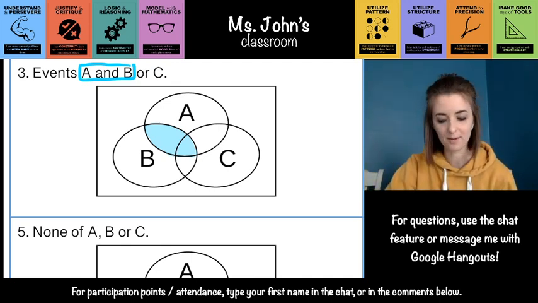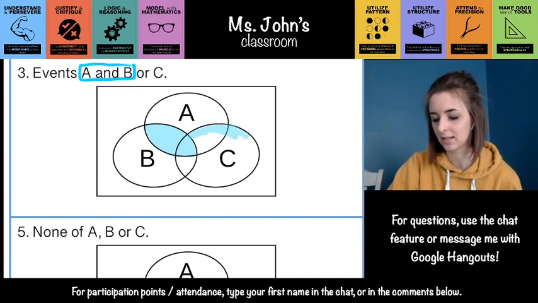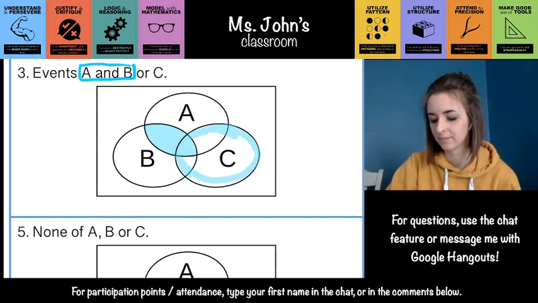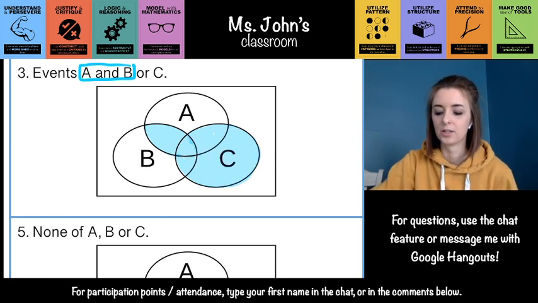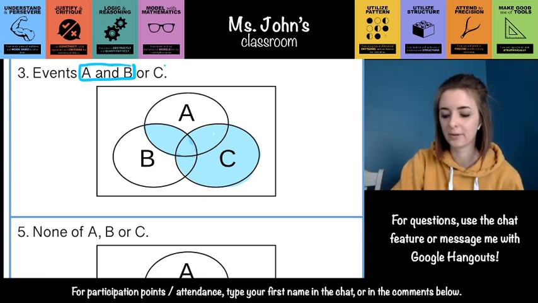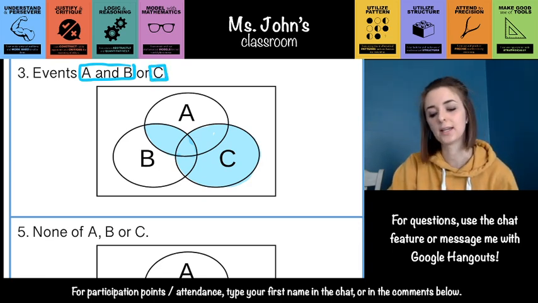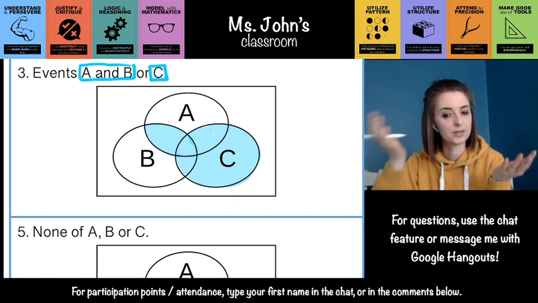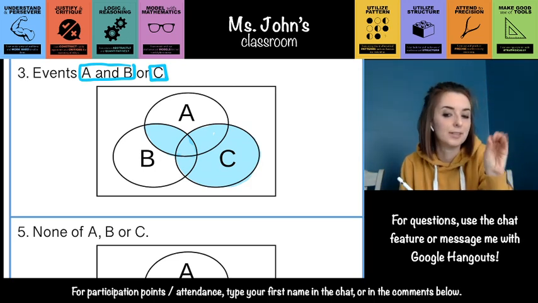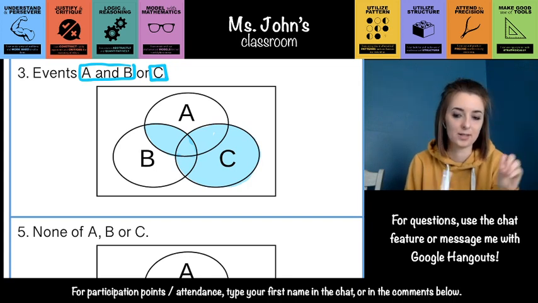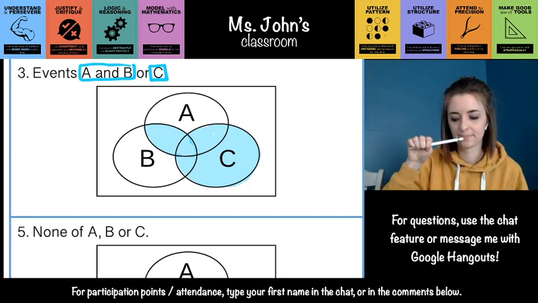So we have an or statement that adds all of this C in here, because C is also favorable because of that or statement. So the or separates the A and B from C, and we're saying A and B is good, or C is good, or both of them happening is good, right? So instead of having just one event or another event, we're having a pair of events happening with an and statement, or another event.